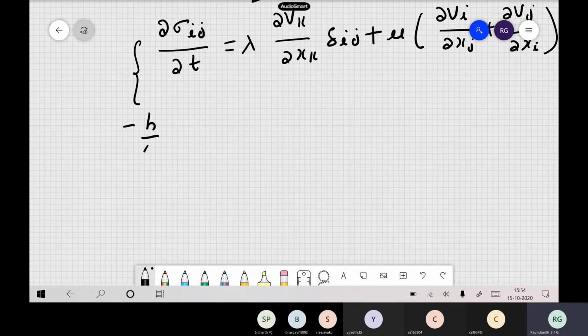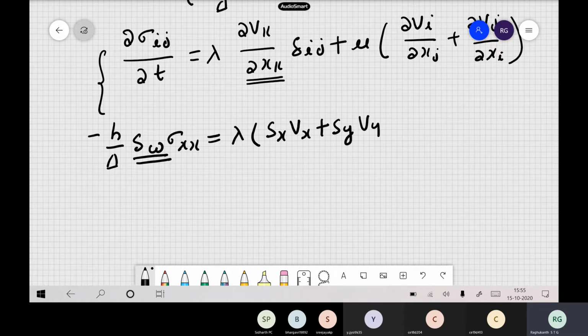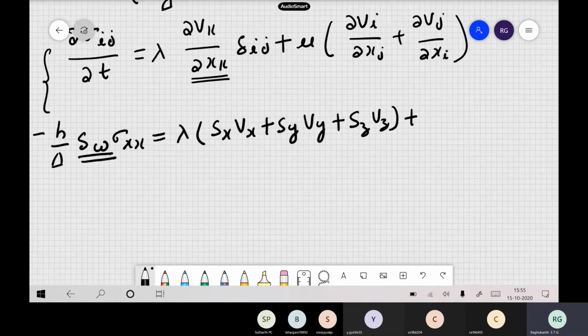So if you write minus h/Δ s_ω into σxx, because on the left-hand side you have temporal derivatives, but on the right-hand side you have spatial derivatives. Wherever there is a temporal derivative, s_ω comes, and wherever there is a spatial derivative, sx, sy, and sz come into the picture. So this becomes λ(sx vx plus sy vy plus sz vz) and of course plus 2μ sx vx.